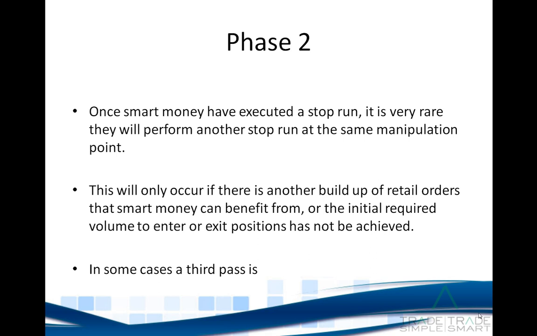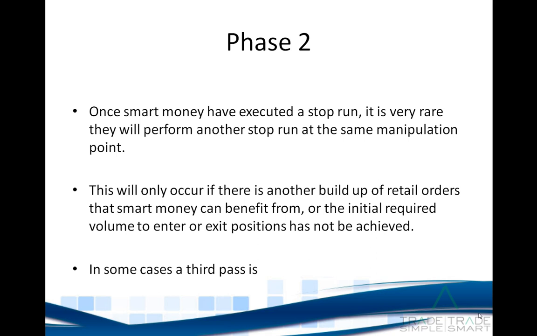Okay, so once we have identified phase 1 and we have identified our levels for phase 2 where manipulation is highly likely to take place, once we've seen a stop run or an M formation at one of these levels, it's very rare that another stop run will be performed at the same point. Now, this does happen sometimes, but this will generally only occur if there is another build-up of retail orders that smart money can benefit from, or if the initial required volume to enter or exit positions has not been achieved.